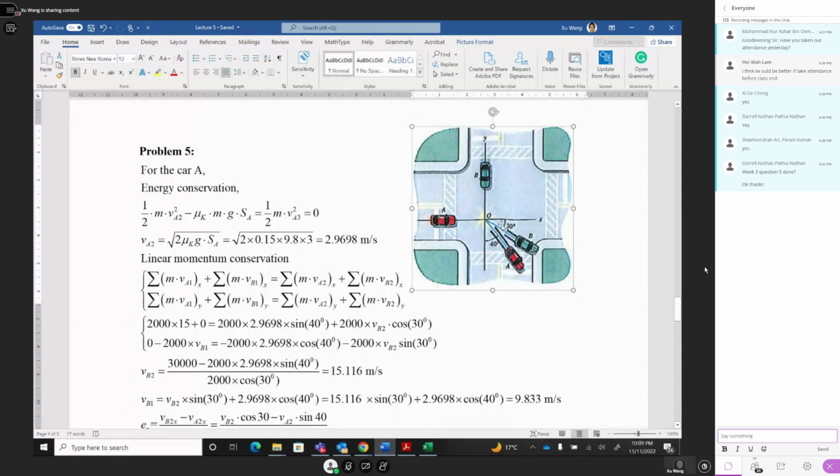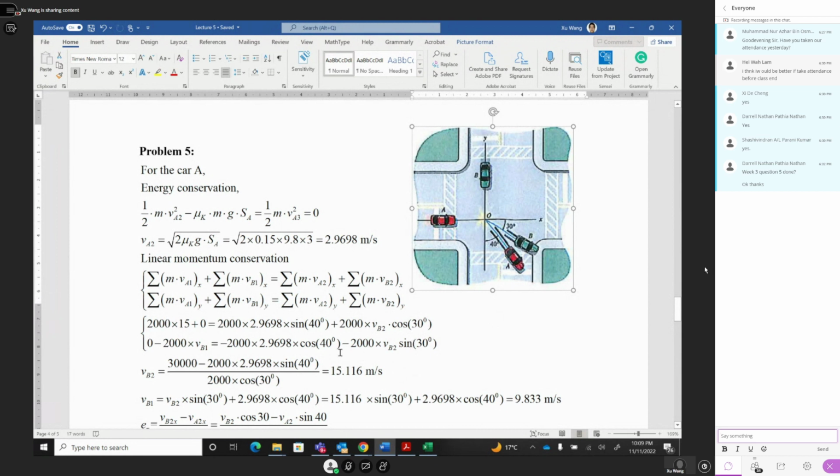And then for car B it is VB2. We don't know m VB2, but the vertical component should be sine 30 degrees. It still moves in this direction, still pointing down, so still minus 2000 m times VB2 times sine 30 degrees. So you get these two equations.